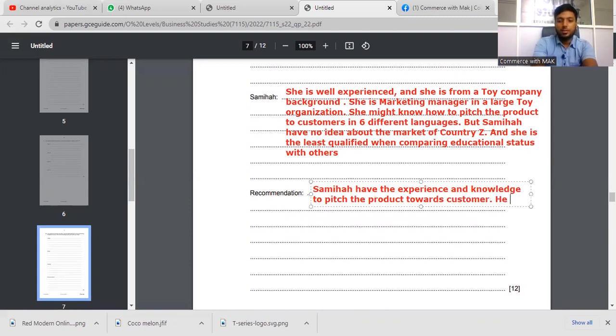Her strength is the number of languages she has learned, and the number of years of experience in this field, in the toy industry.